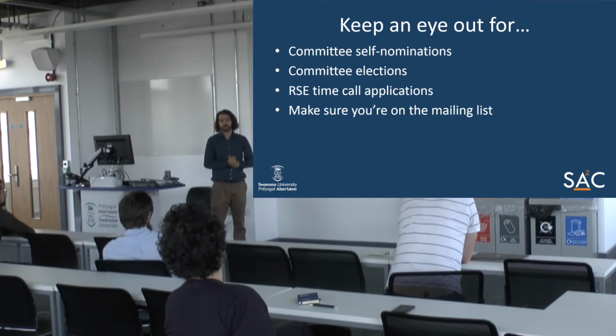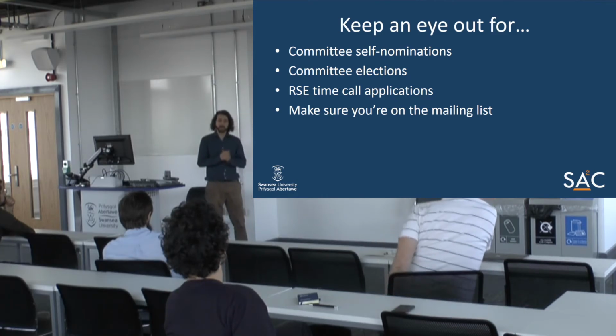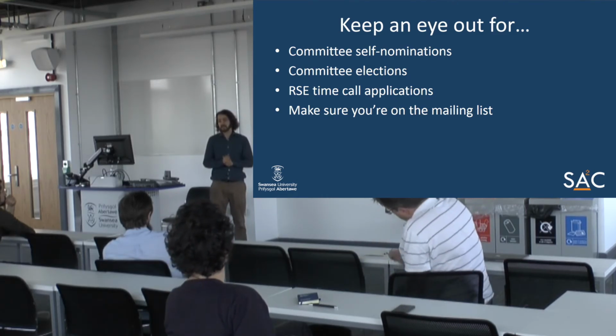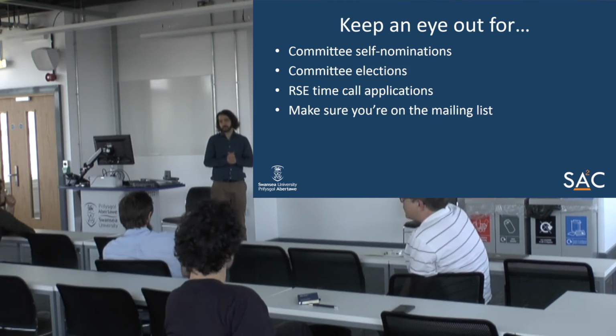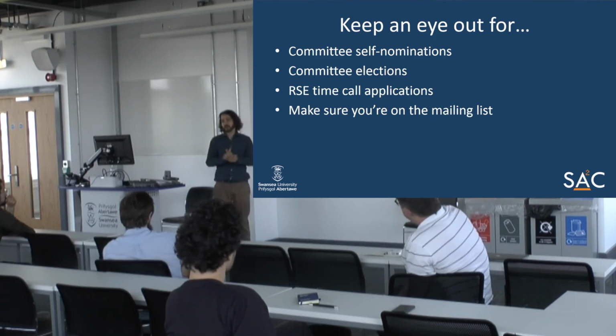I think we thought it would be simpler than nominating and getting the individual to agree. If you think you're a suitable person, we will soon be sending out an email calling for nominations for the committees. Then, if there's a sufficient number of applications, we will hold some elections, which we'll again do on the mailing list to keep things nice and simple.